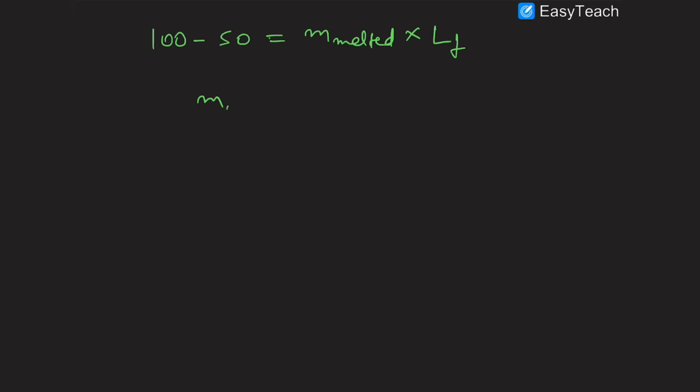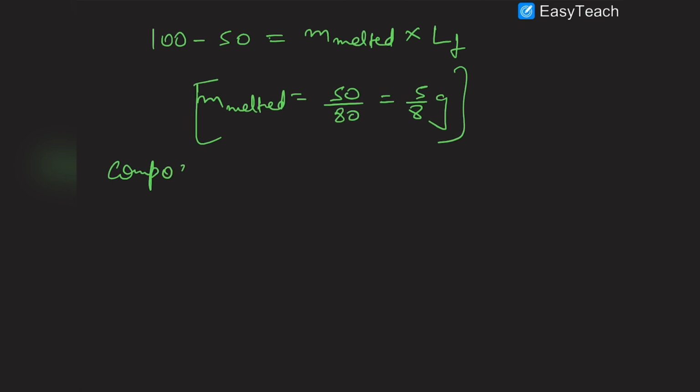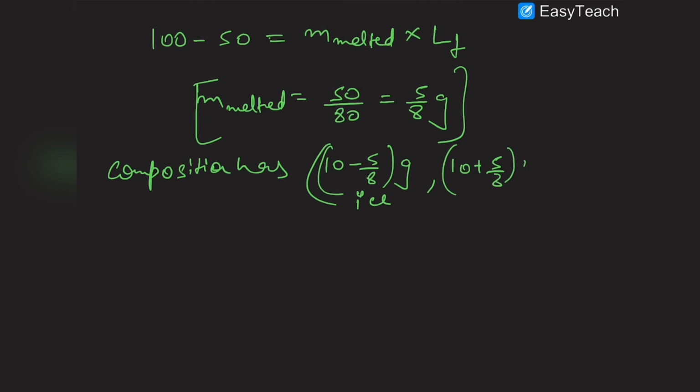So m melted will be equal to 50 upon latent heat of fusion, which is 80, so it would be 5 by 8 grams, and therefore we can say that the composition has 10 minus 5 by 8 grams of ice and 10 plus 5 by 8 grams of water, and as you can see they both are coexisting, therefore the final temperature of the mixture would be 0 degrees Celsius.